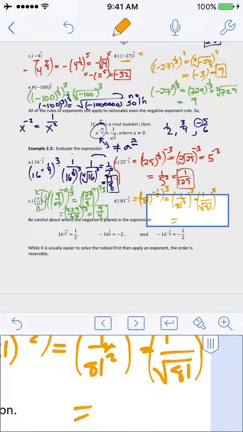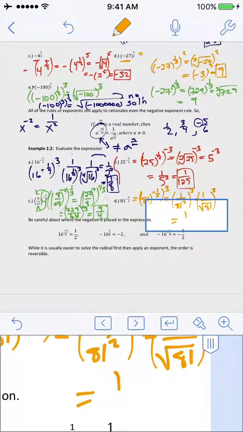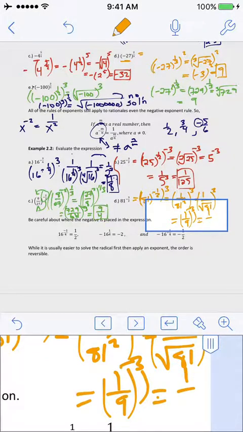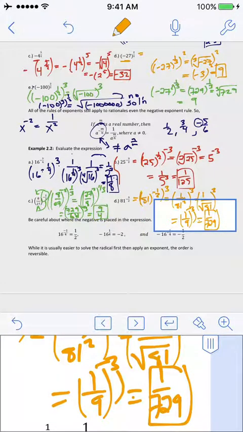And then that equals 1 over, principal root here, 1 over 9 to the third. Now I distribute the third: that would be 729. 1 over 729 is my final answer. So it doesn't matter how you start, it's all commutative, right? But just deal with them in 3 separate pieces.